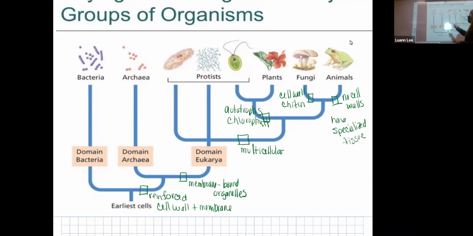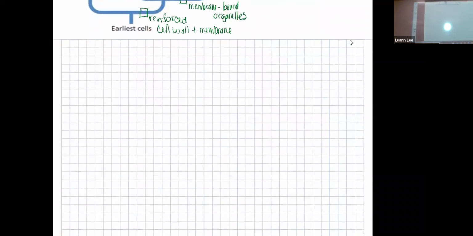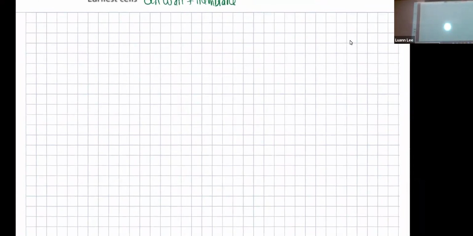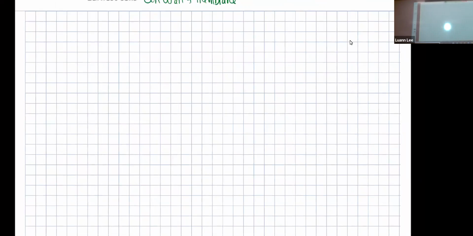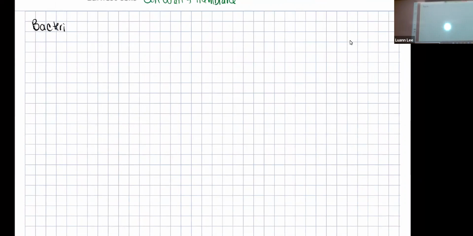We're going to make a column for each of these groups, where we're going to write some stuff in them. We're going to label this with each of the different categories across the top. Start with bacteria. And you're going to do 6 of them.